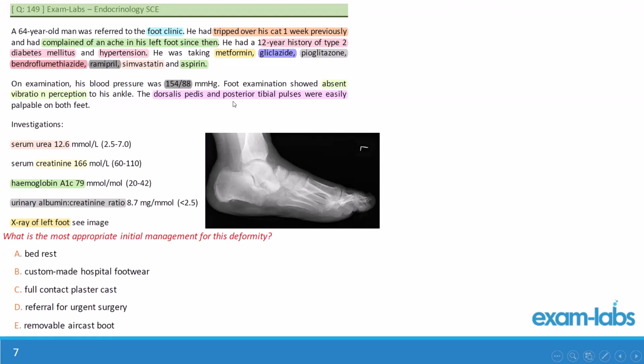Dorsalis pedis and posterior tibial pulses were easily palpable. The urine albumin creatinine ratio is mildly elevated, and this is the X-ray. As I mentioned previously, if we have some sort of foot pain and an X-ray like this, and I don't know what the pathology is, it is usually Charcot. So the answer should be total contact casting. And this is from the exam lab.